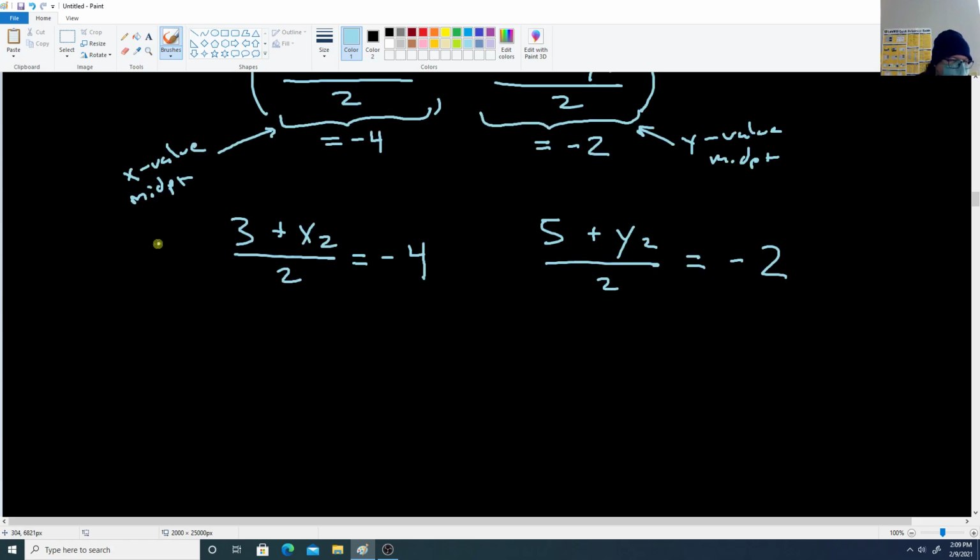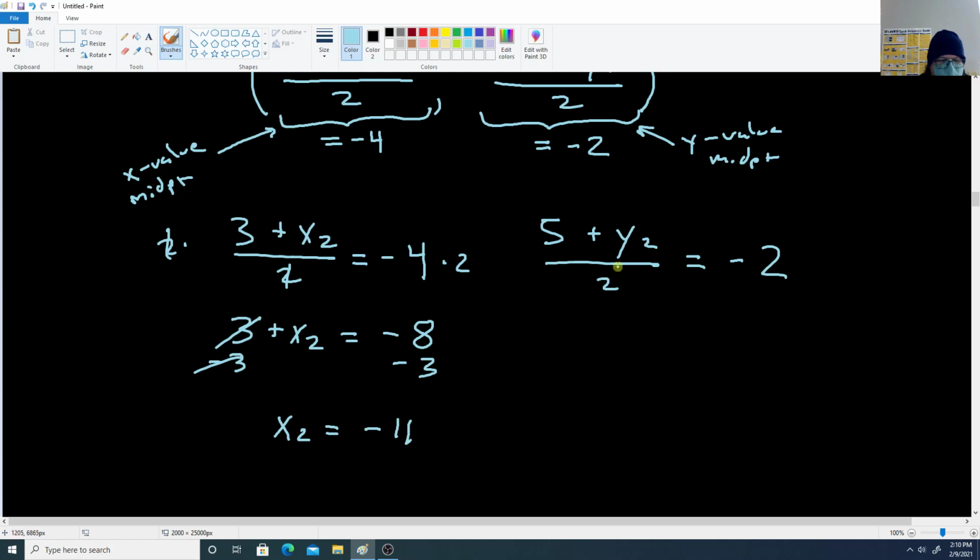So we're going to start out, we're going to multiply by 2 to get the 2's out of here. So this will be 3 plus x2 equals negative 8. I'll subtract the 3 on over. And I get x2 equals negative 11. Negative 8 take away 3 is negative 11. So here we multiply by 2's to get the 2 out of down here.